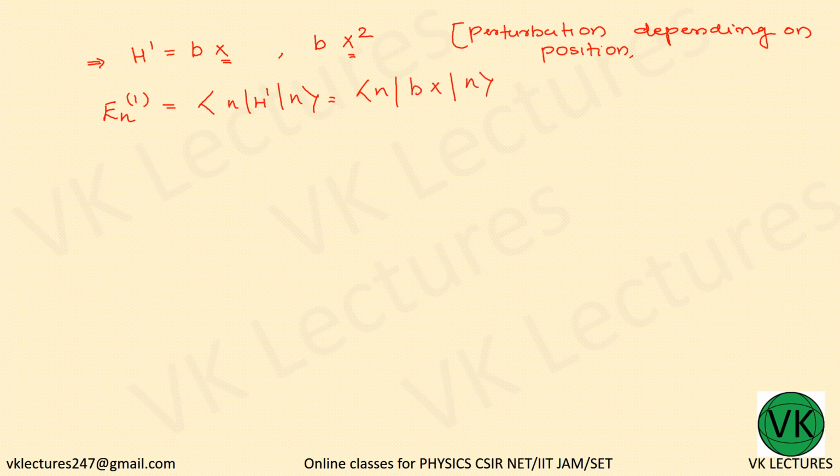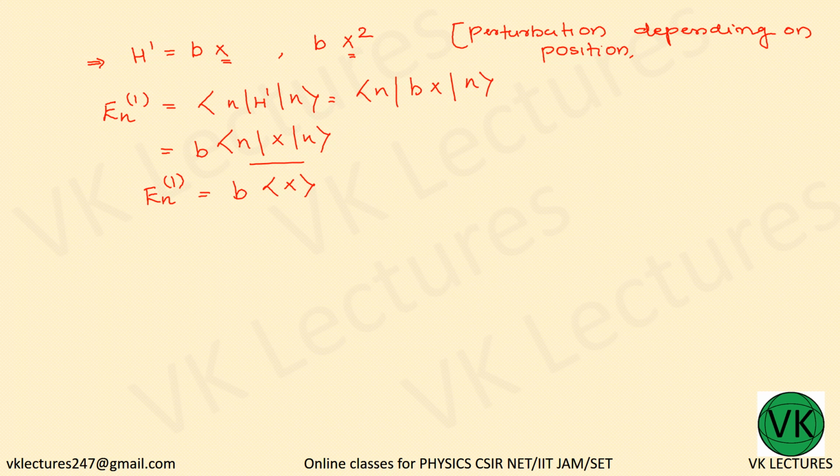Now we can take b out, which is constant, so it will be n x n. This is nothing but the expectation of x, so b times expectation of x is the first order correction to the energy.